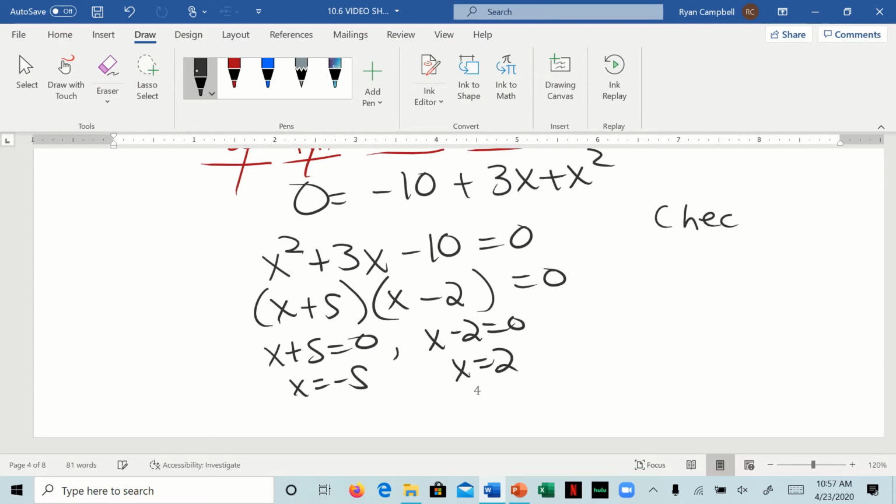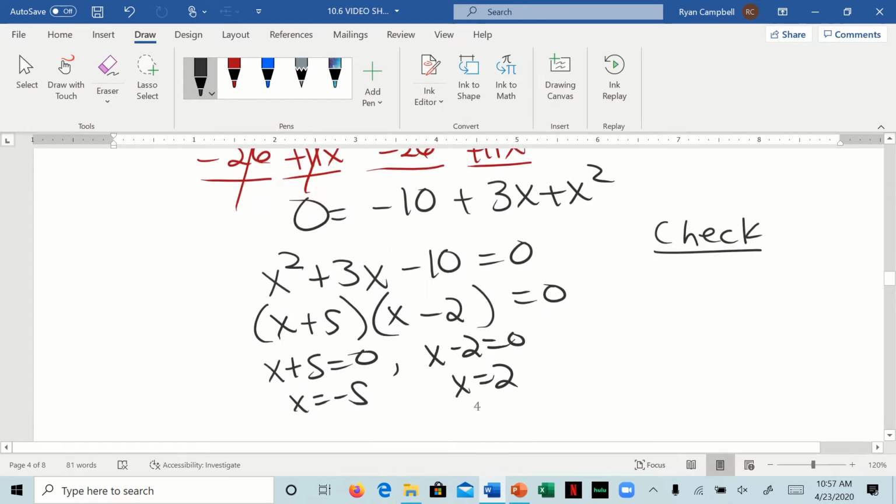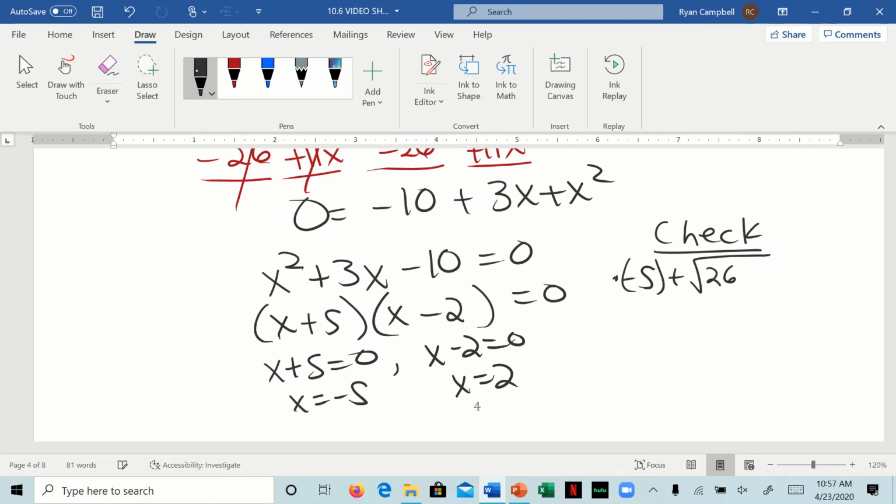So now we have to check ourselves. So let's do negative 5 first. So negative 5, right, plus the square root of 26 minus 11 times negative 5.